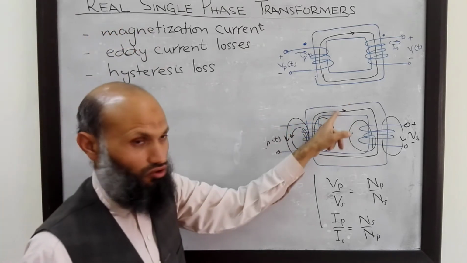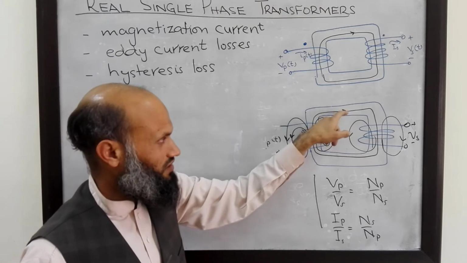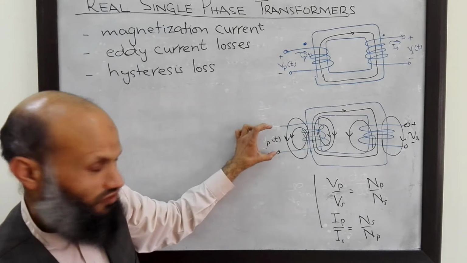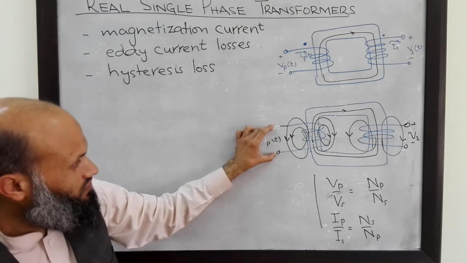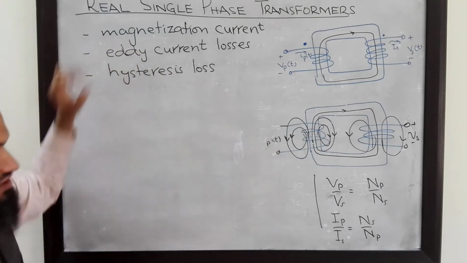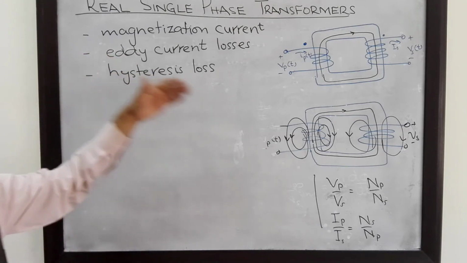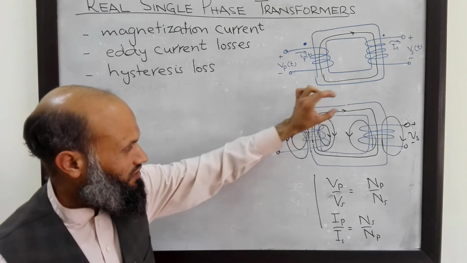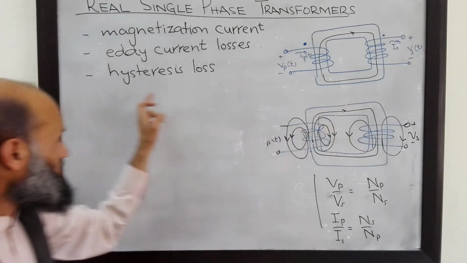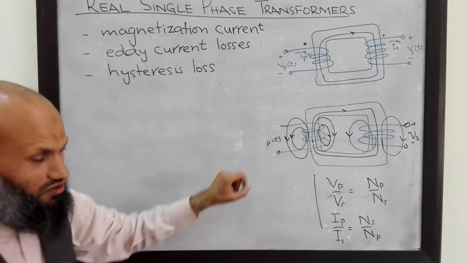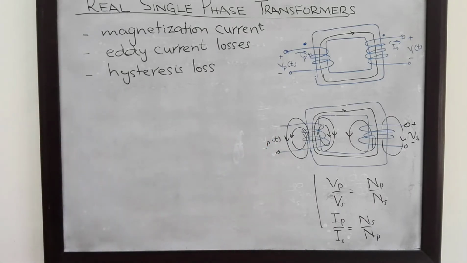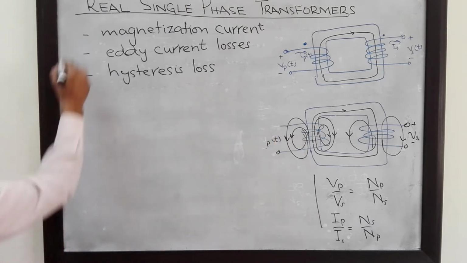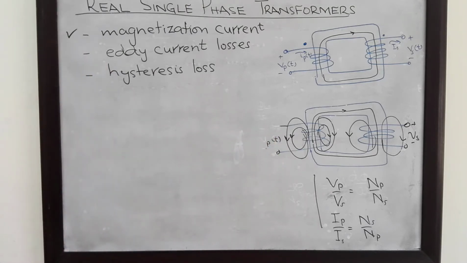Eddy current is flowing in the core, and the power which is being consumed in the core has to come from somewhere. That comes from this voltage source and through this current. Likewise, hysteresis loss is in the core, and the power which is consumed in the core comes from the voltage source connected over here, and that is the source of current.